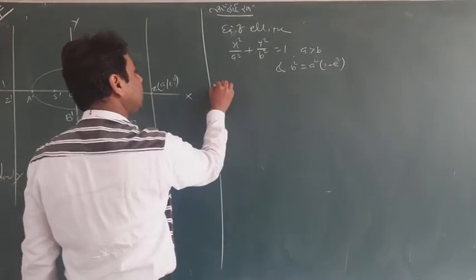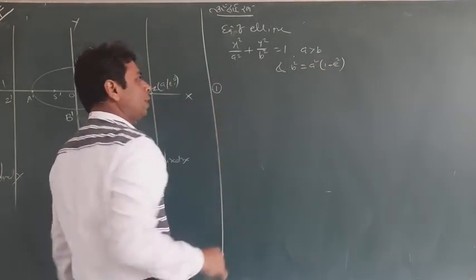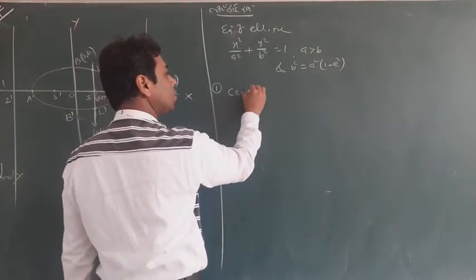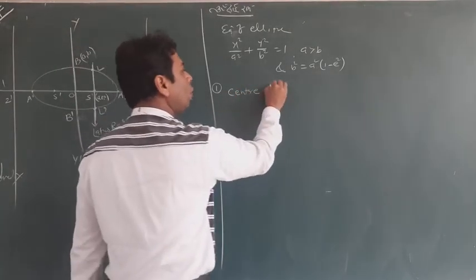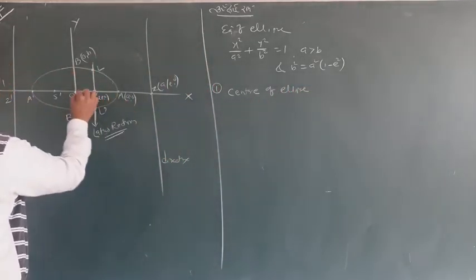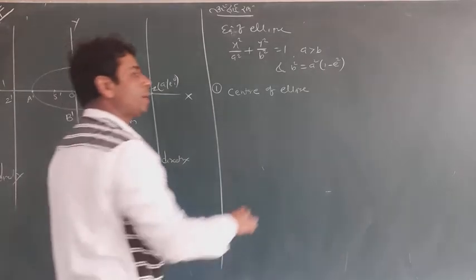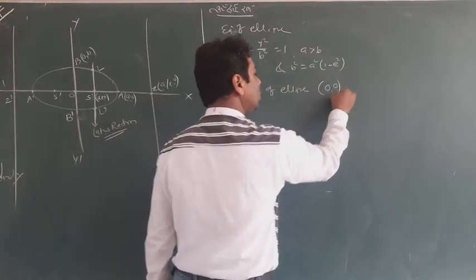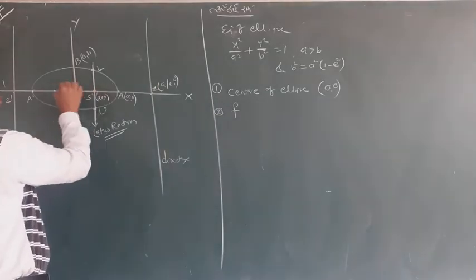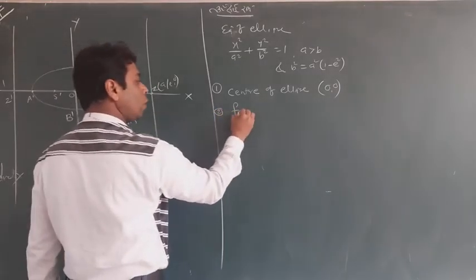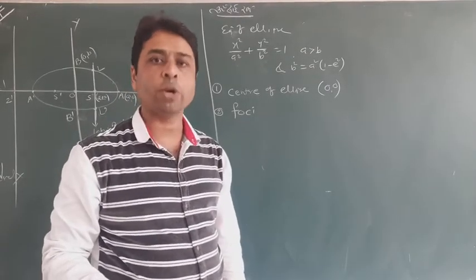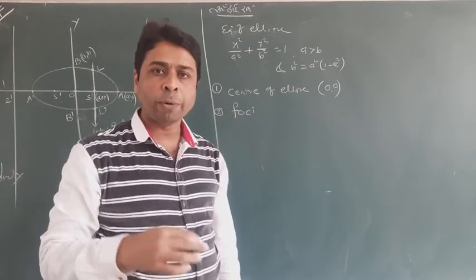Initially you have to remember that when a is greater than b, the ellipse is along the x-axis, and b square equals a square times 1 minus e square. Now the first thing, center of ellipse: the center is the origin point. Second, focus. We have two foci, the plural form of focus.